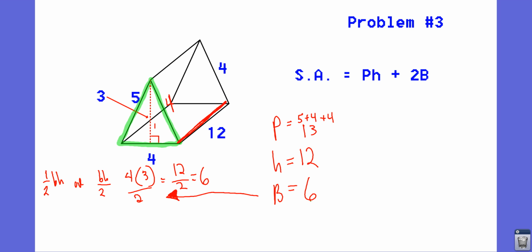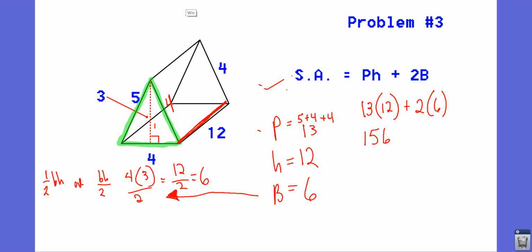Cool. Now we take all this information and put it into the formula. 13 times the height of the prism, which is 12, plus 2 times the area of the base, which we said was 6. So 13 times 12, 156. There's your lateral surface area. That's all the rectangular sides connecting the 2 triangles together.